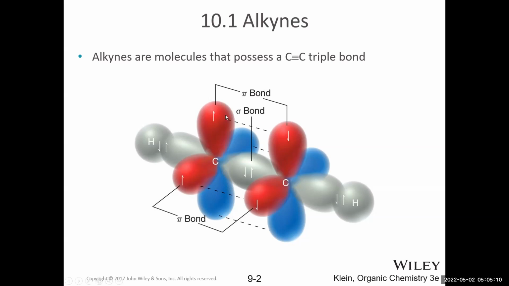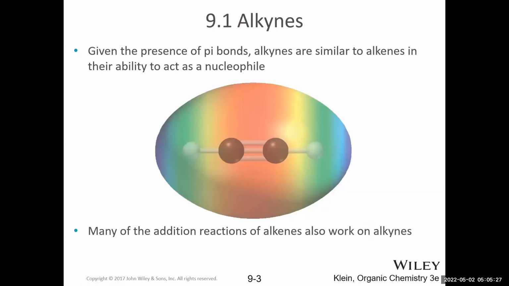So there are two sets of pi bonds that are orthogonal to each other and one sigma bond. And that leaves one other bond that carbon can make, for example, to another carbon or a hydrogen, again using an sp hybridized orbital.